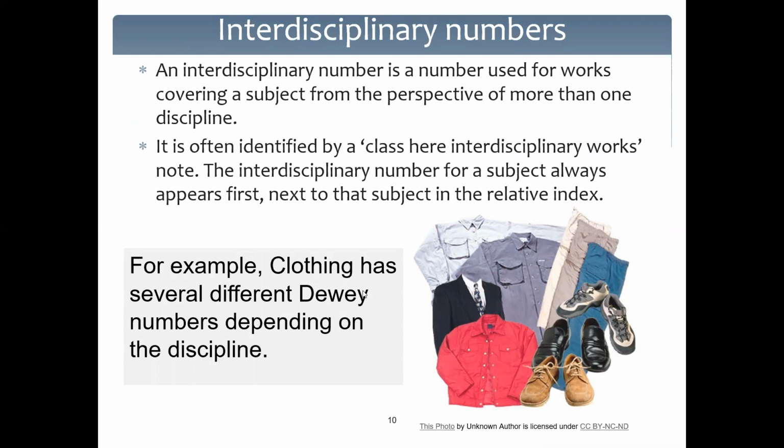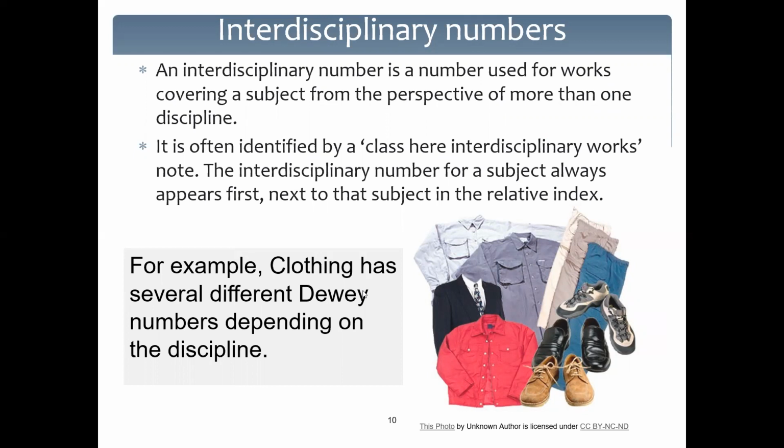Interdisciplinary numbers, you've already seen an example of that. That is a number used for works covering a subject from the perspective of more than one discipline. It's often identified by a class here, interdisciplinary note. So this is when you have something that's going to be kind of a broad topic.